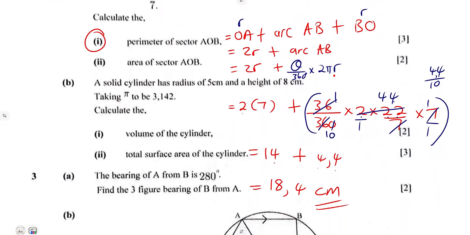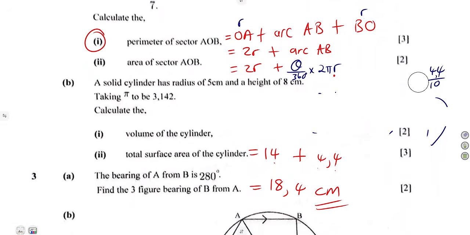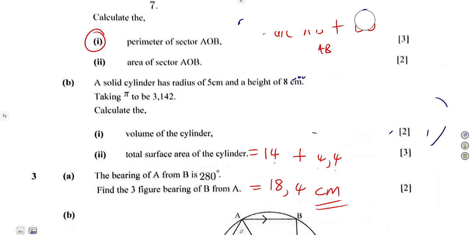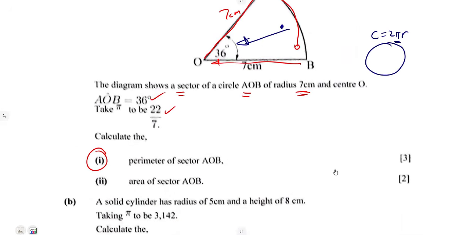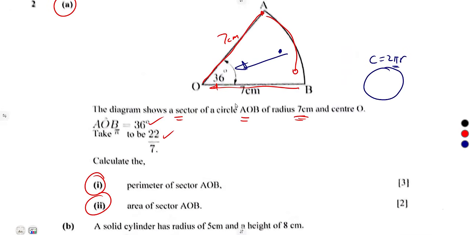Then the area, you simply use the same concept, but this time area you consider, all right? It's not going to be distance right round the shape, but you take the area as the piece of the circle. The area of a circle is what? Pi r squared. So a sector is a piece of a circle. This one, it's a piece that we have taken.